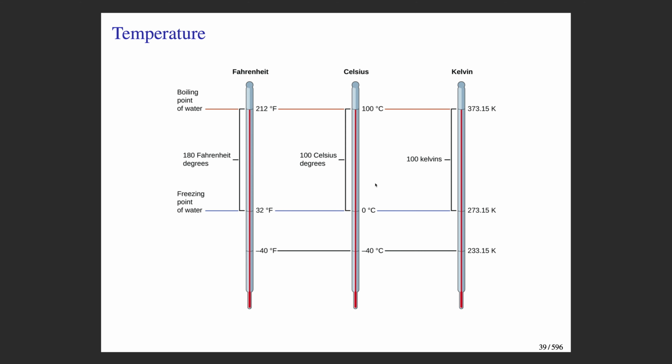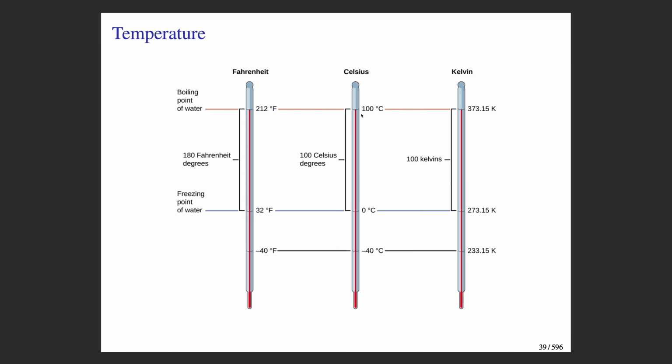The Celsius scale is based upon water. That is, the freezing point of water is set at 0 degrees Celsius, and the boiling point of water is set at 100 degrees Celsius. And so there are 100 degrees Celsius between freezing water and boiling water.